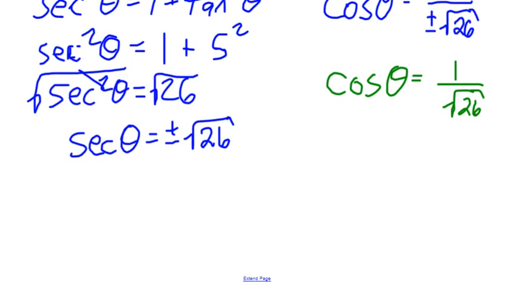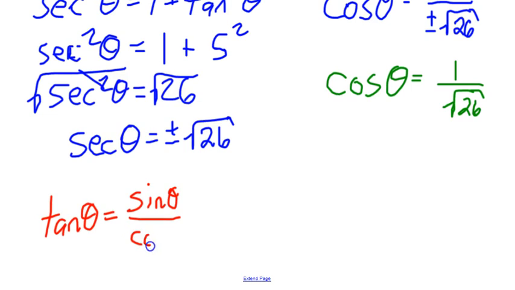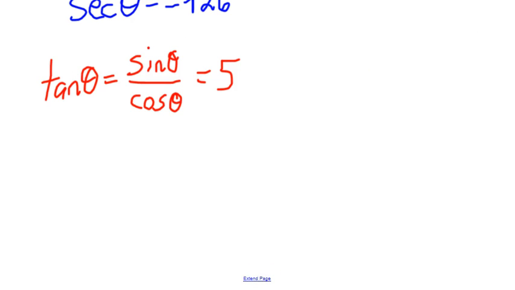Before we talked about one of the quotient identities, tangent of theta is equal to sine of theta over cosine of theta. And we know in our problem tangent of theta is equal to 5. So we can set sine of theta divided by cosine of theta equal to 5. If I want to get sine of theta by itself, I would multiply each side by cosine of theta.